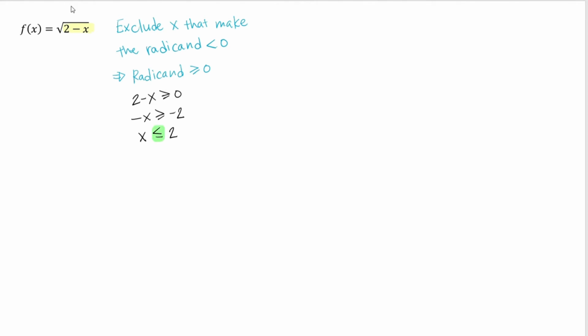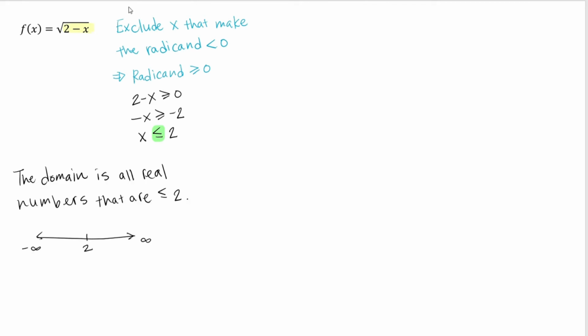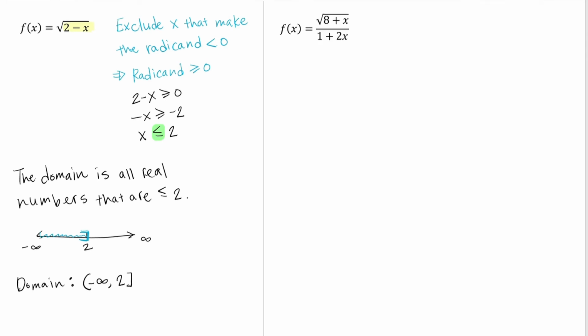The domain is all real numbers that are less than or equal to 2. The domain is negative infinity to 2, included. Let's solve f of x is equal to the square root of (8 + x) over (1 + 2x). This function has a denominator and a radical.